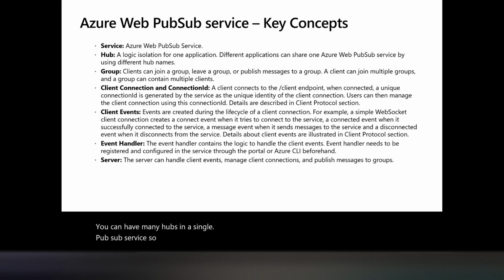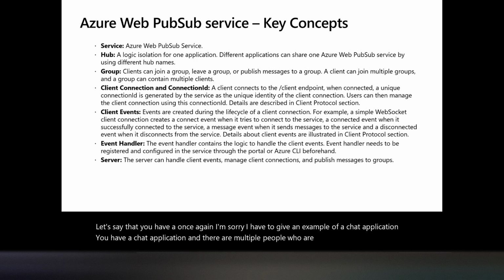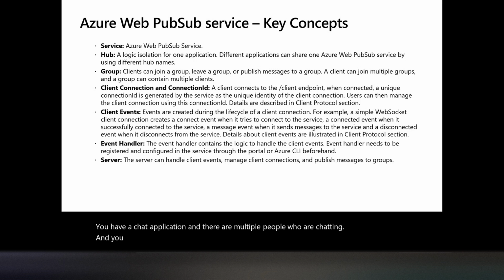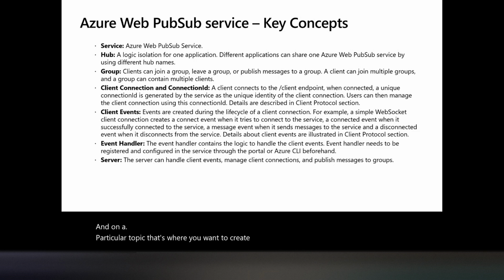So what that does is, let's say, once again, I'm sorry, I have to give an example of a chat application. You have a chat application and there are multiple people chatting on a particular topic. That's where you want to create a hub.